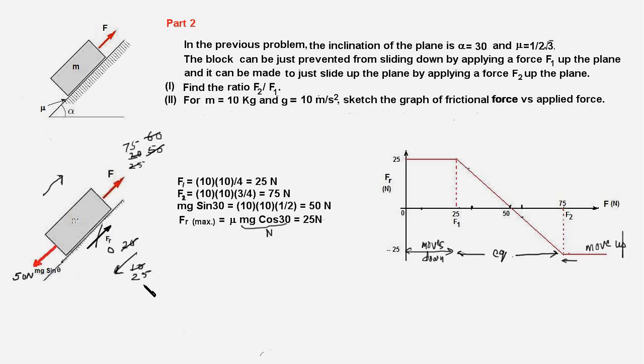But now the friction force is of 25 newtons level. So when the applied force is 75, the friction force is minus 25 because it's pointing down the plane. So the graph is linearly decreasing from plus 25 to minus 25 in the region when the block is in equilibrium. So that is how the sketch of the frictional force versus applied force looks like.